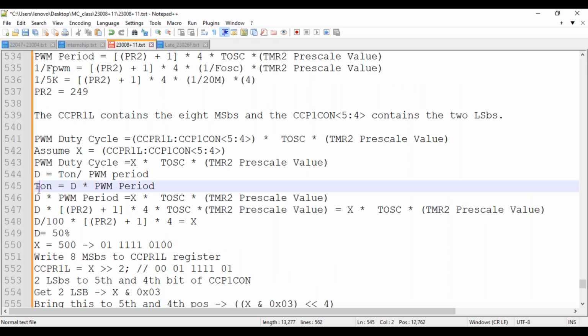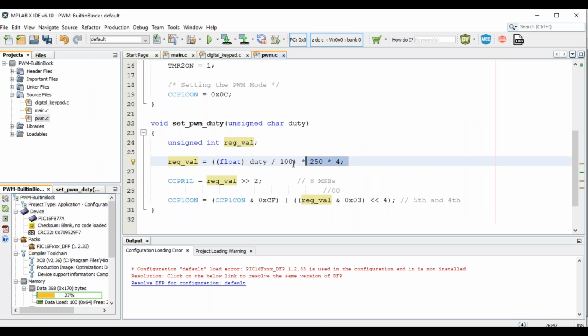Here, D, whatever duty cycle you are going to pass, divided by 100 multiplied by PR2 is 249 plus 1, which is 250, multiplied by 4. So we have written it in the simplest way. Then to write the 8 MSBs, I am writing that register value right shifted 2 times into the CCPR1L register.